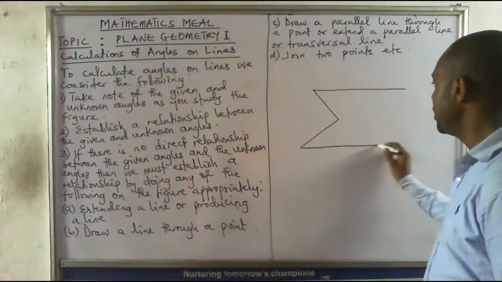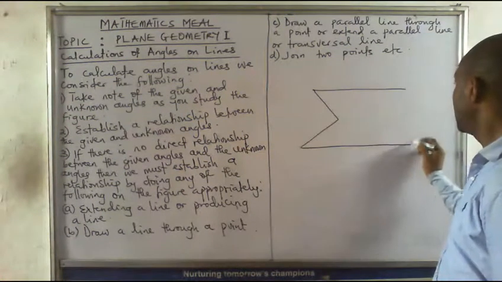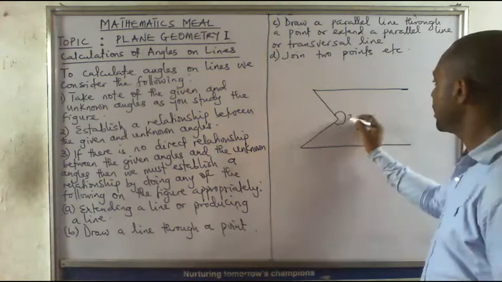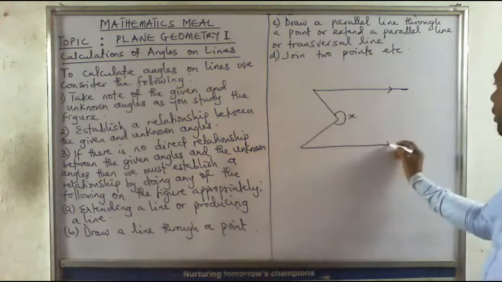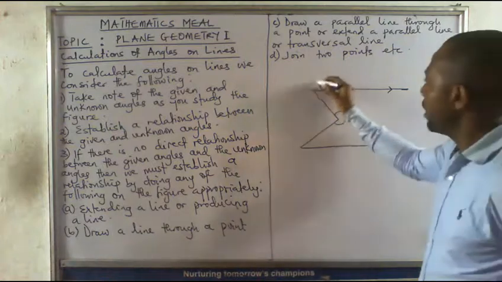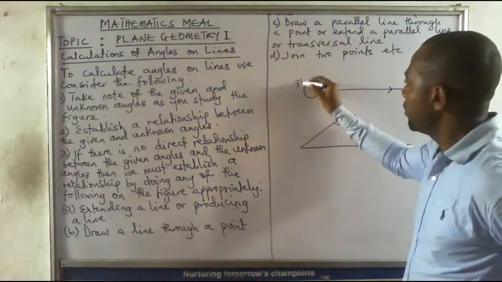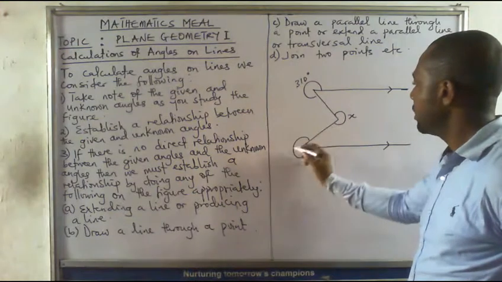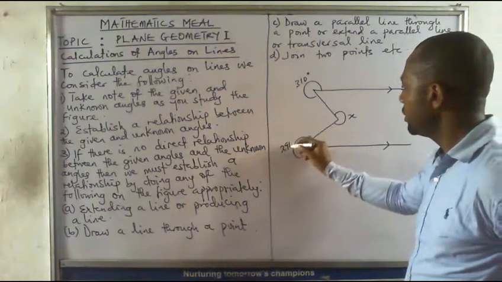and maybe I have this, and I'm looking for x. Let's say that this line is parallel to this line, and here is 310, and here is 290.